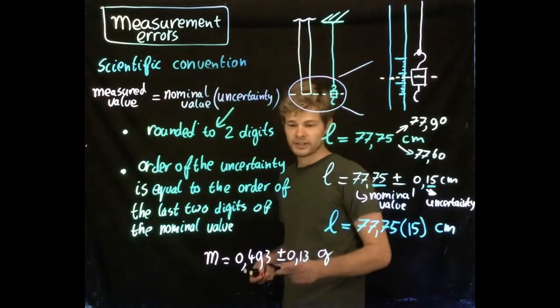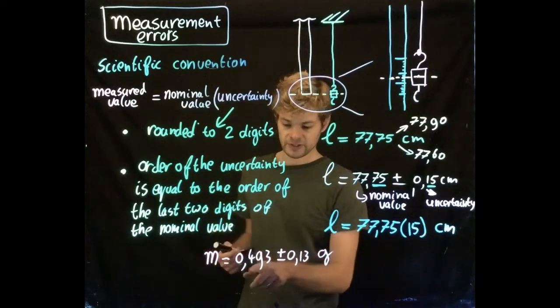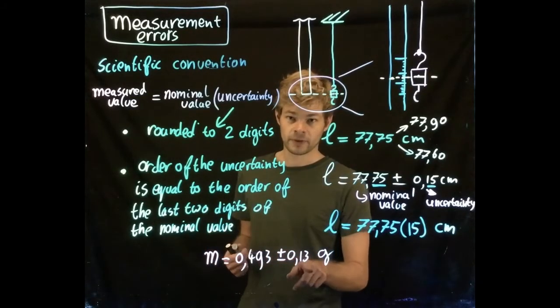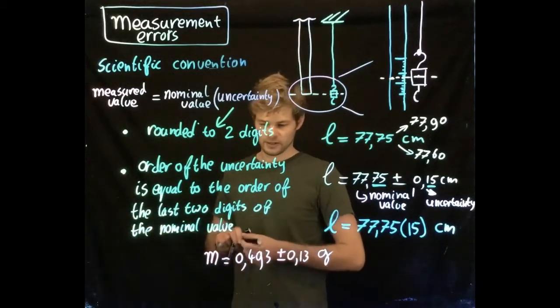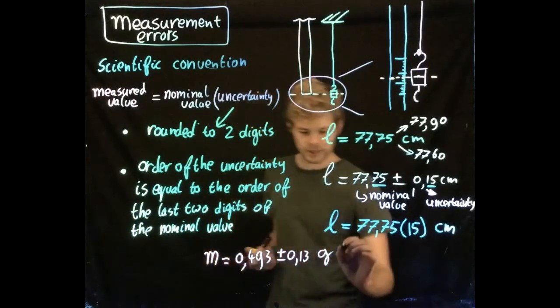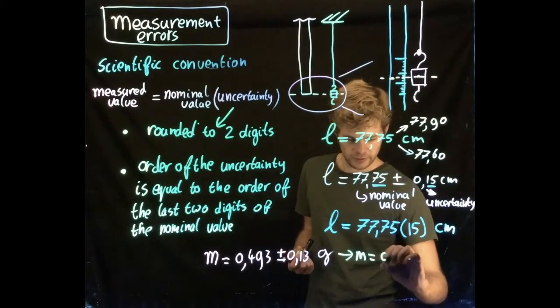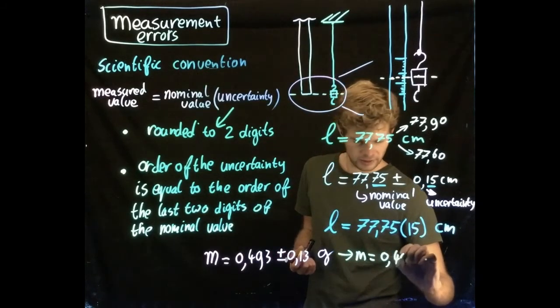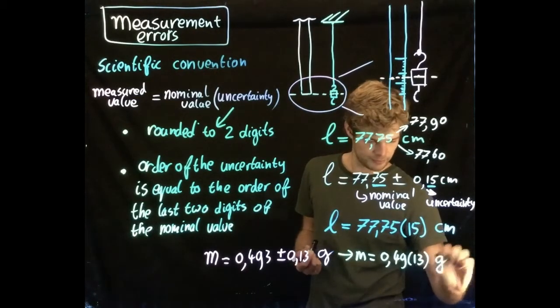So now you can already see that this measured value is actually more precise than the error. So this last 3 doesn't matter to my value. The mass will become 0.49 and in between brackets 13 grams.